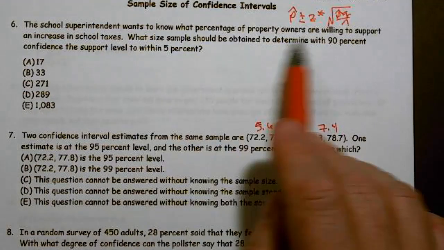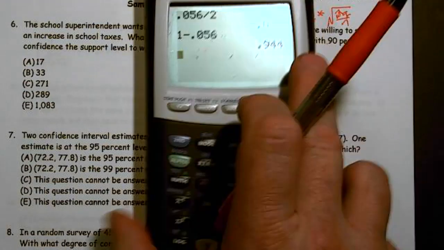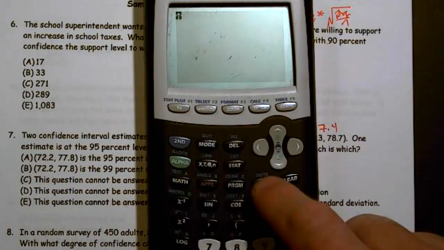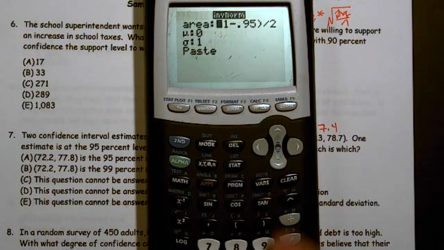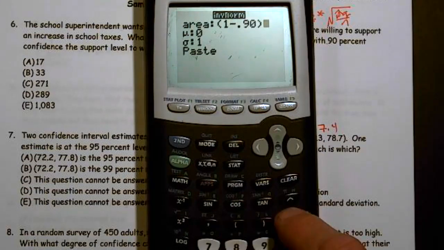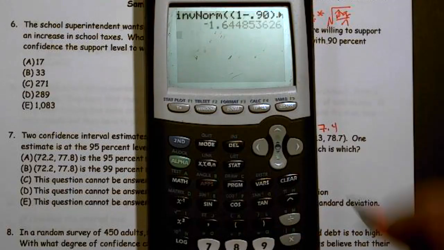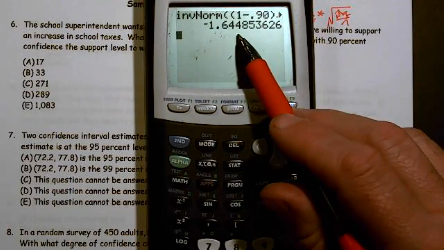And they're telling us 90%. So I need a z star. Second vars, inverse norm, 1 minus 0.90 divided by 2. And we get 1.645.